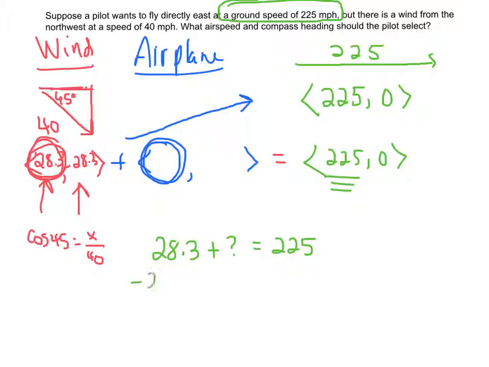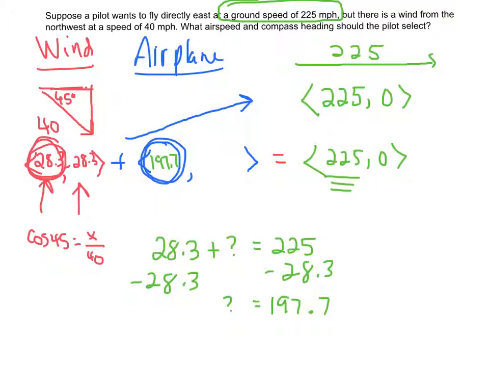We subtract 28.3 from both sides, and that tells me the x coordinate of our vector is going to be 197.7. Oops, sorry, I did my math wrong.